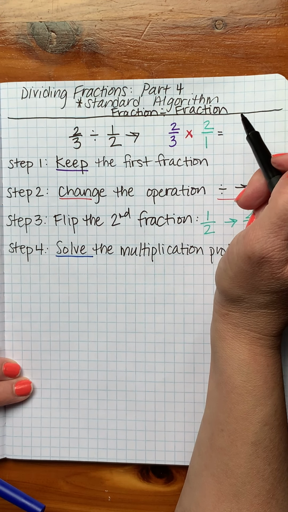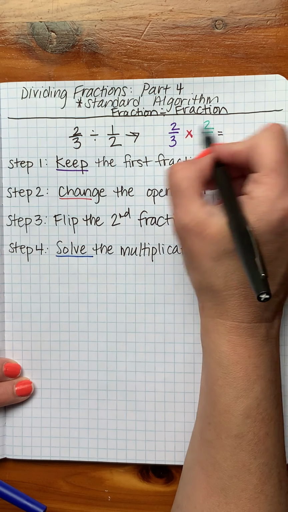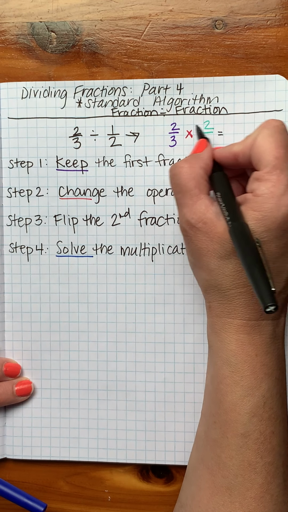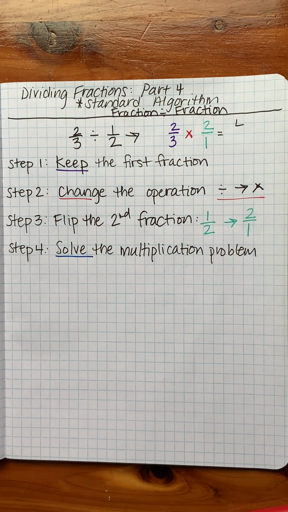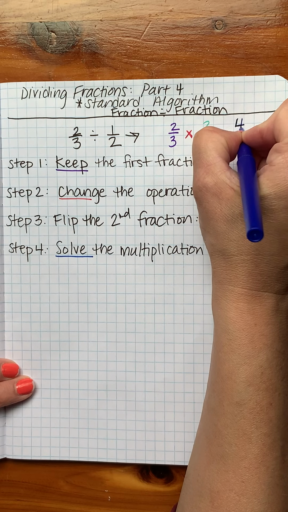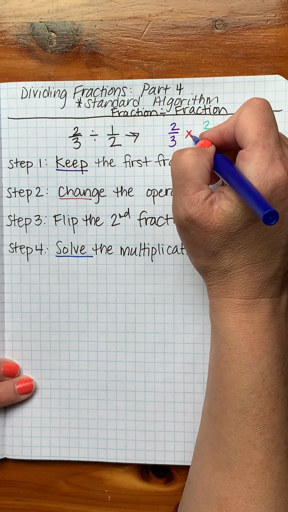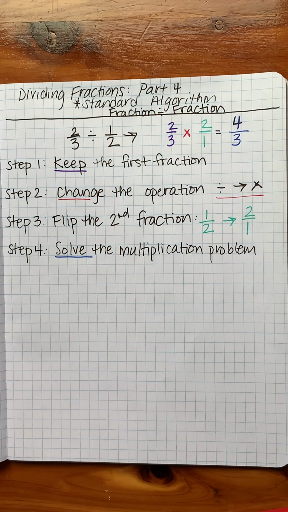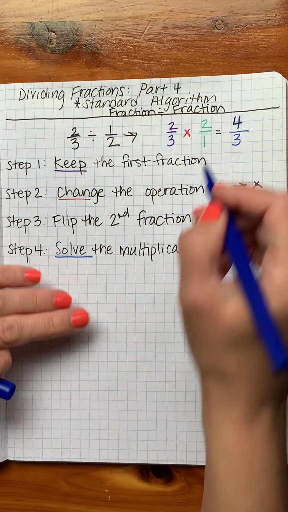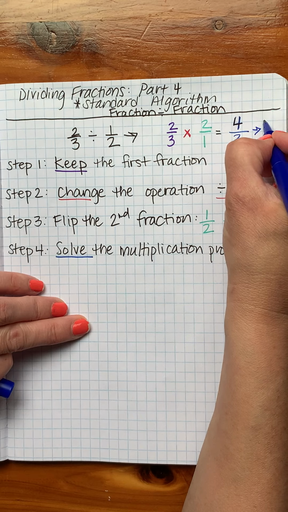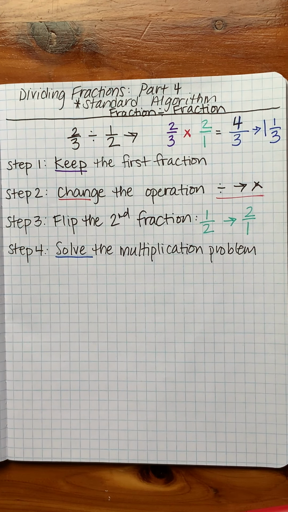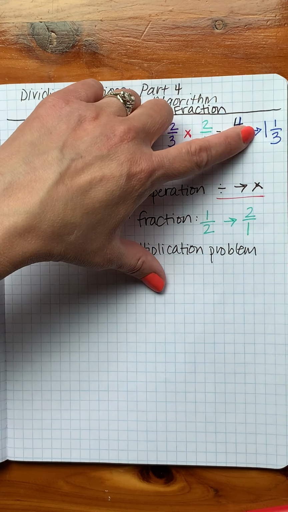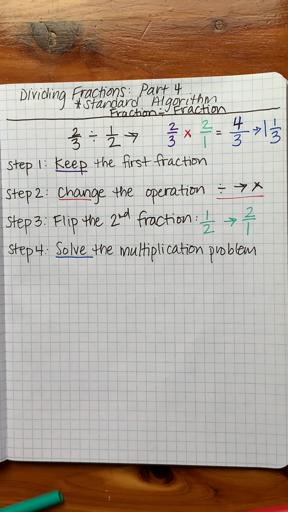When I multiply, I learned last week the standard for multiplication is just multiply straight across. The top: 2 times 2 is 4. And 3 times 1 is 3. And then, of course, that's an improper fraction, so I need to change it to 1 1/3. So 2/3 divided by 1/2 is 1 1/3, just like we discovered on the previous page.